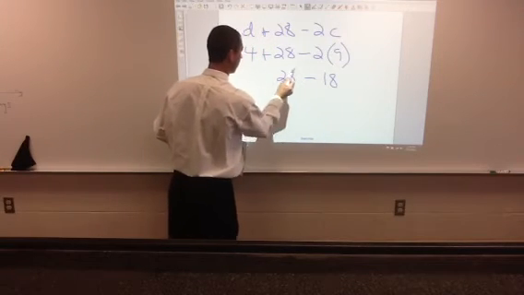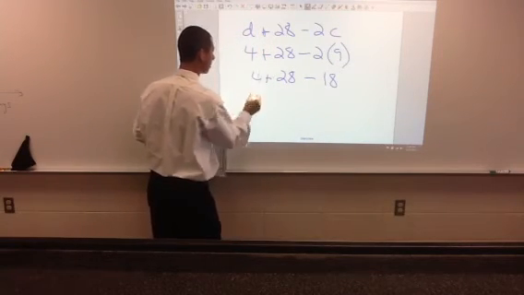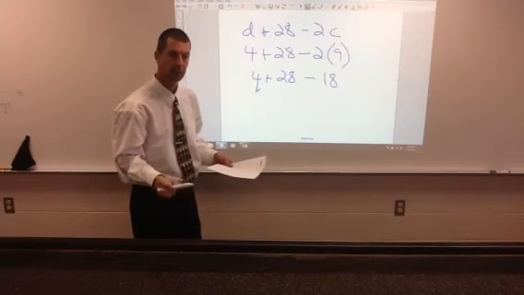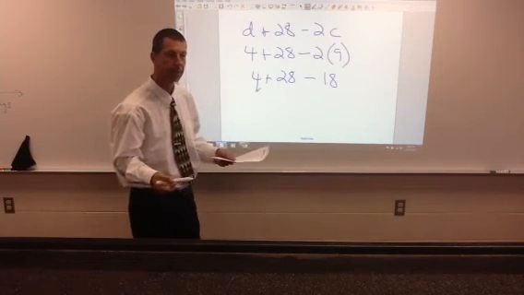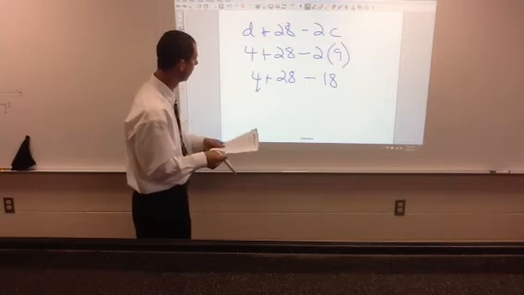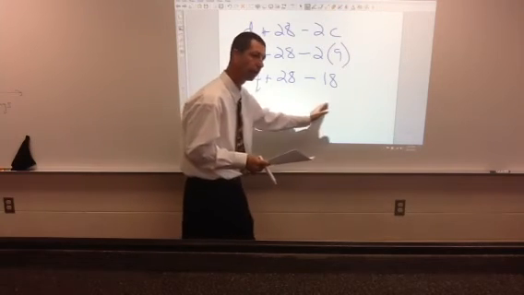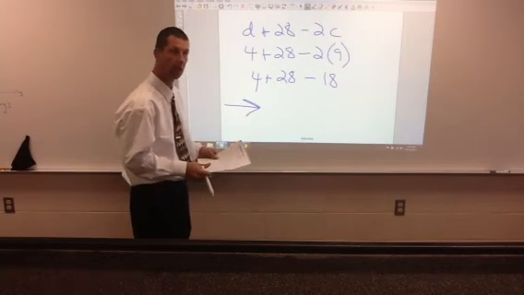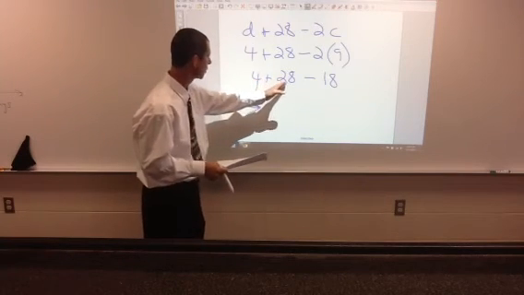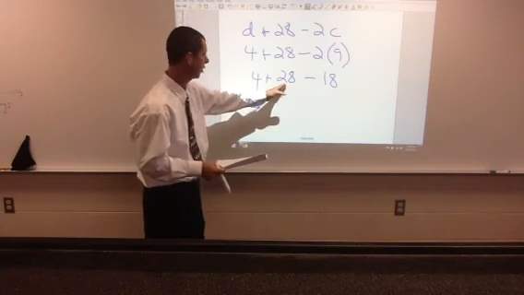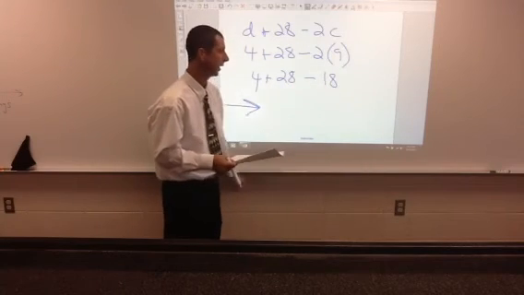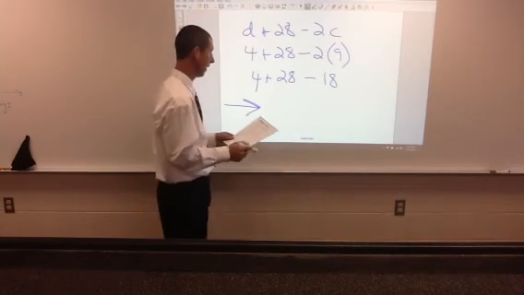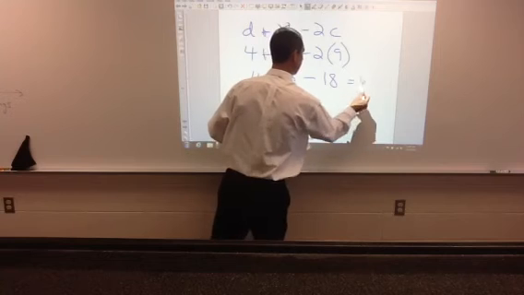I really encourage students to go step by step. 7th grade students always want to skip steps, and that kind of leads into problems. Now I work from left to right, just like I read words out of a textbook. So that's the way I'm solving this problem. 4 plus 28 is 32, and 32 minus 18 is 14.